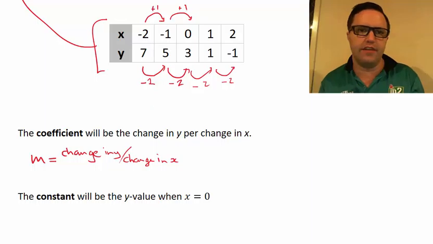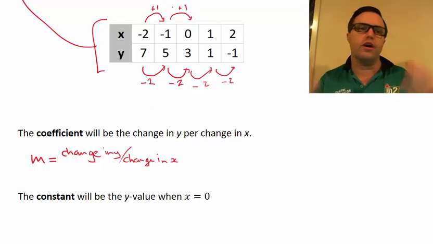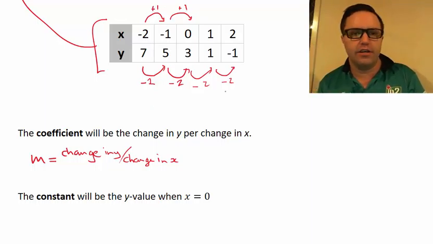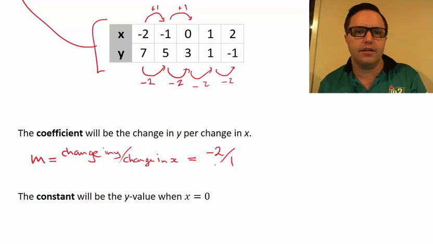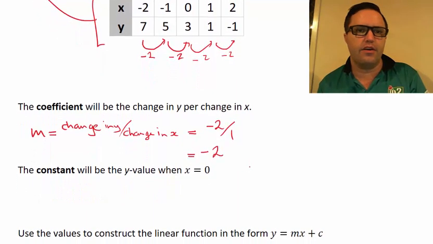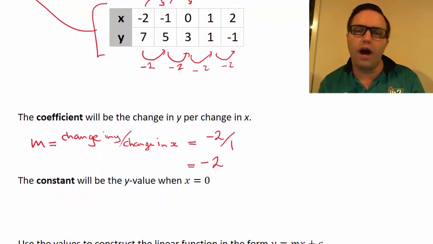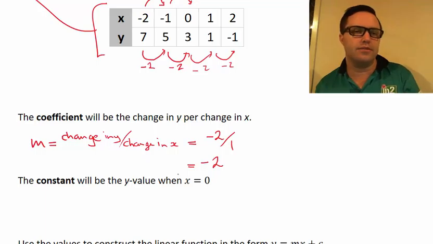That means that for every one x value, we're going down 2 y values. So for this one, we have a change in y of negative 2 per 1 x, which gives us a coefficient value of negative 2. Then the constant will be the y value whenever x is equal to 0.